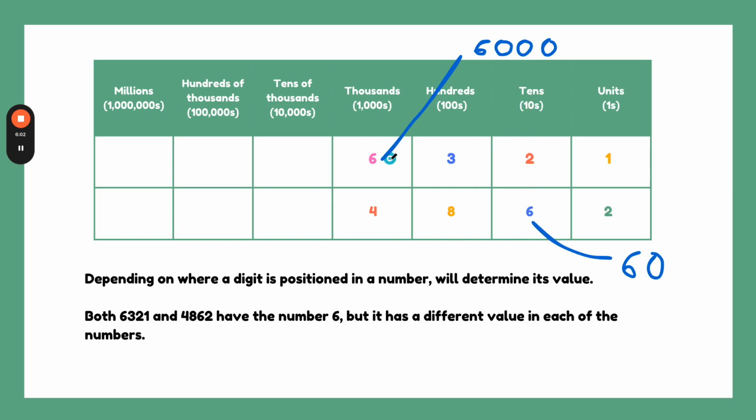Because the digits are positioned differently in each number, they will have a different value depending on where they are positioned in the number. For our first number, the 6 is positioned in the thousands column, hence the 6 has a value of 6,000, and the 6 is positioned in our second number in the tens column, hence it will have a value of 60 because there are 6 tens, 6 lots of 10. 6 times 10 is 60.